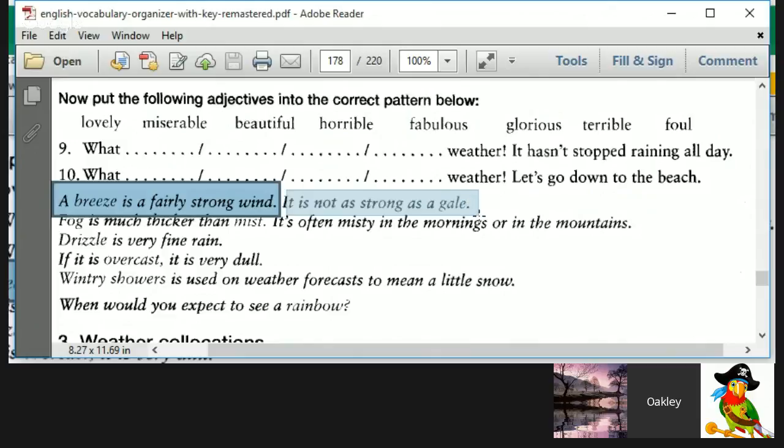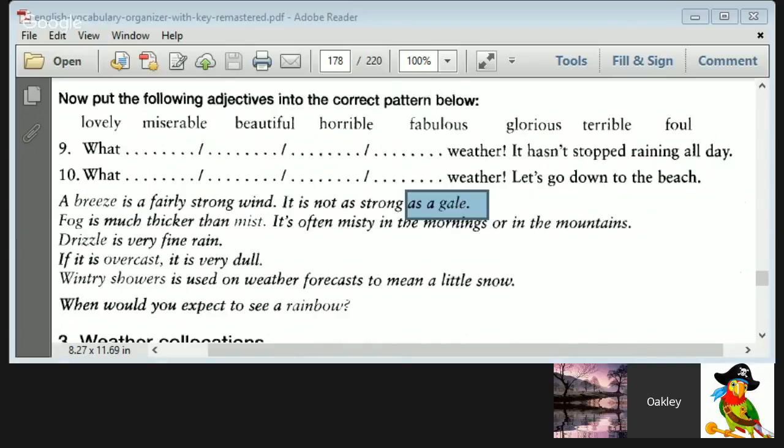As opposed to a gale, which is basically storm wind, where it's steady and knocking you right off your feet. Basically, wind that can push you around is a gale. Sometimes you will hear gale force winds. Basically, that means if you stand in it, it might push you over. Again, a breeze is the kind of the opposite or the antonym of gust.